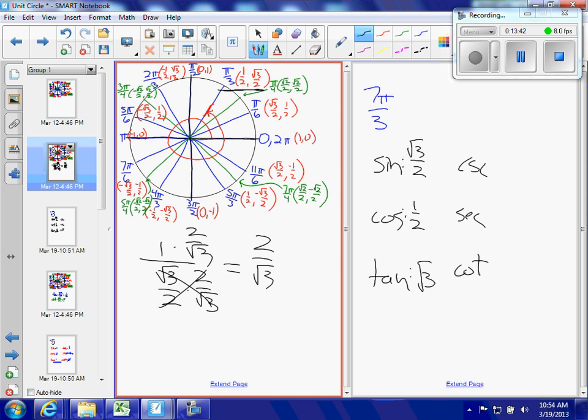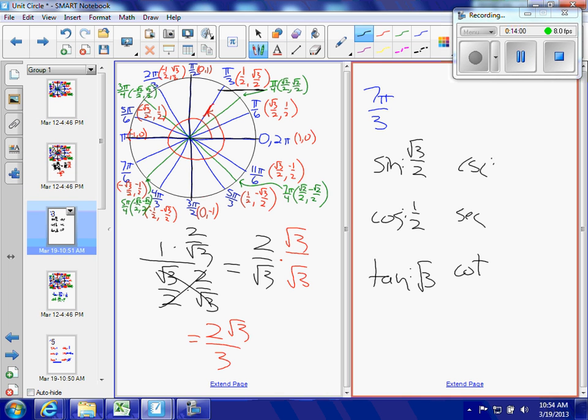Well, I don't want a radical sign in my denominator, so I'm going to multiply by radical 3 over radical 3. This is going to equal 2 radical 3 over 3. And in fact, that is what cosecant is. I can't simplify that anymore. So 2 radical 3 over 3.